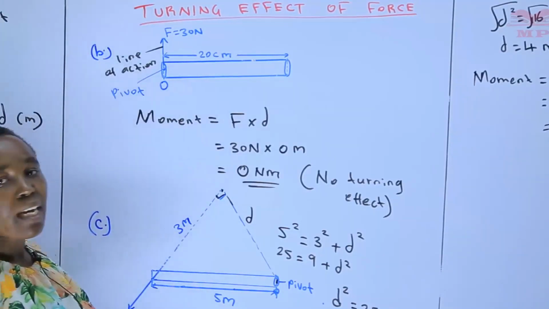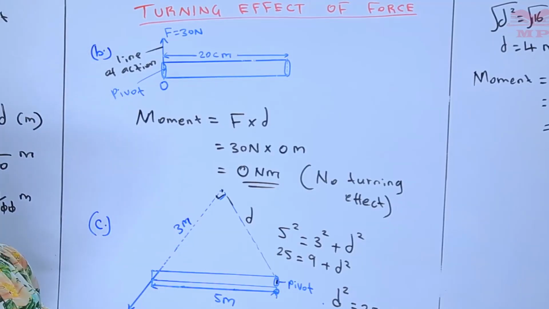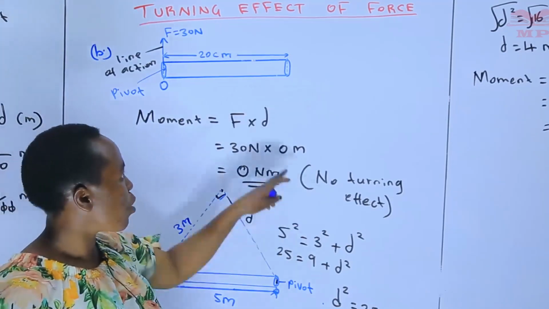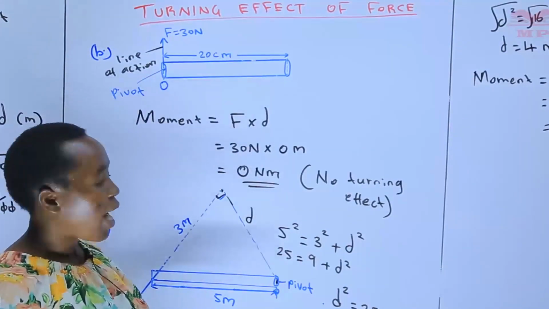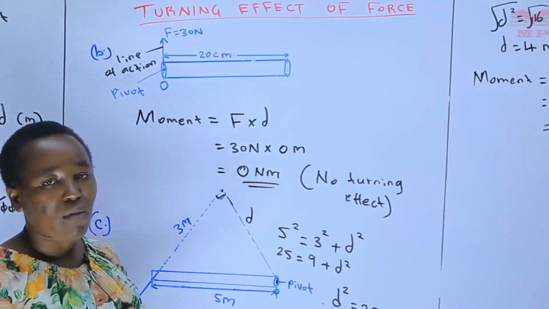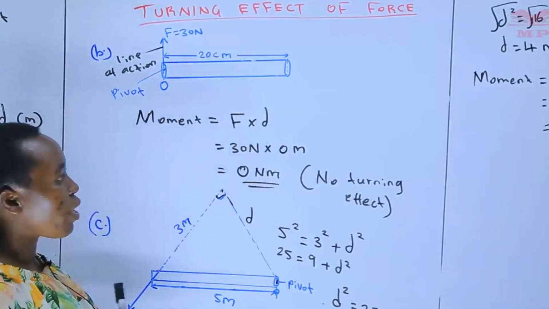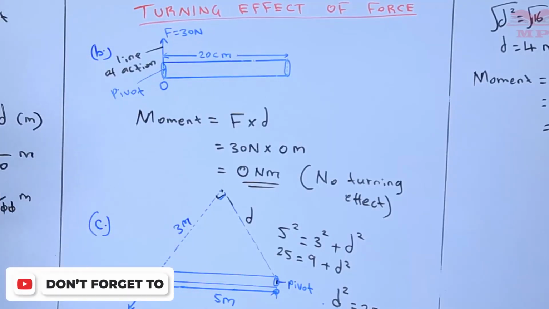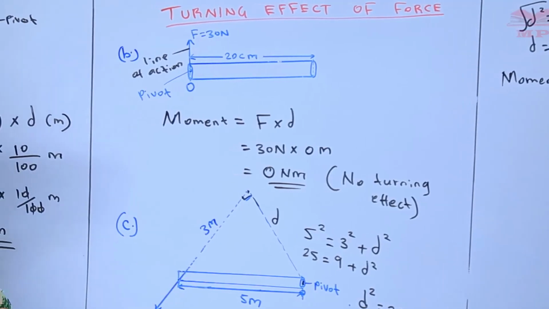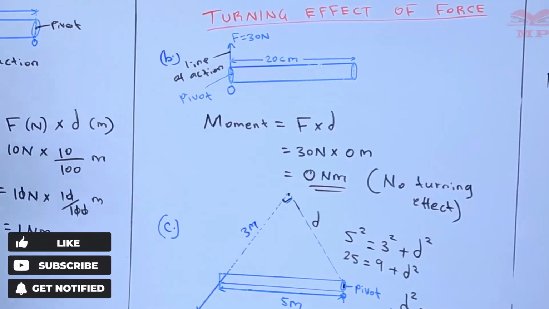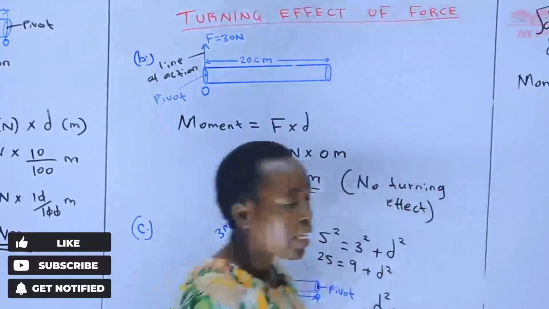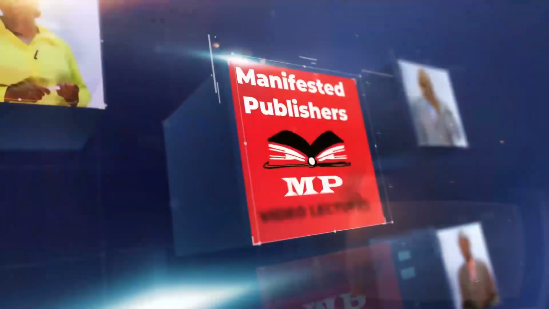That's why the hinges of a door are placed as far as possible from the handle, so as to lead to more turning, because the moment will be more. So that is on moment. You can get more questions on moment and calculate. This will usher us into a principle which we refer to as the principle of moments, and that's what we want to state.